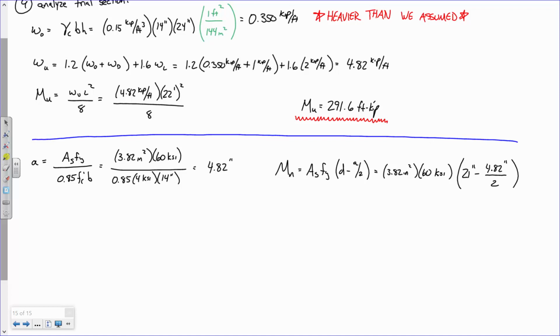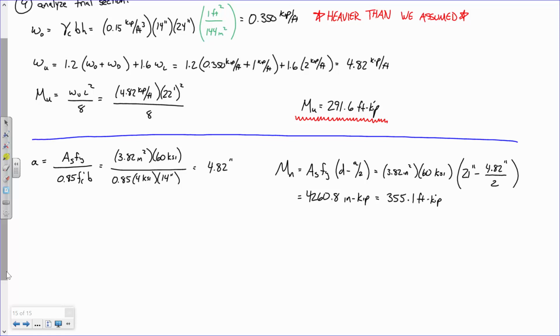And what does that come out to be? 4260.8. What are the units? Inch kips. So why don't we go ahead and convert that to foot kips by dividing by 12? 355.1. Everybody good so far?